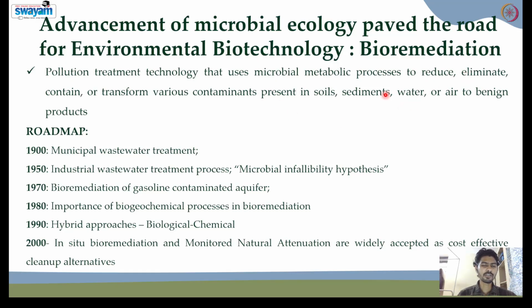So normally they are trying to reduce, eliminate, or contain the pollutant. And if you see the roadmap of this bioremediation process, it started earlier, in 1900, where the bioremediation concept was applied only in the municipal wastewater treatment system.